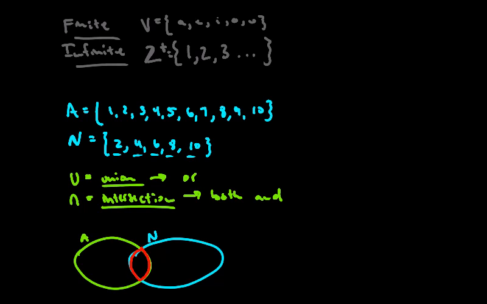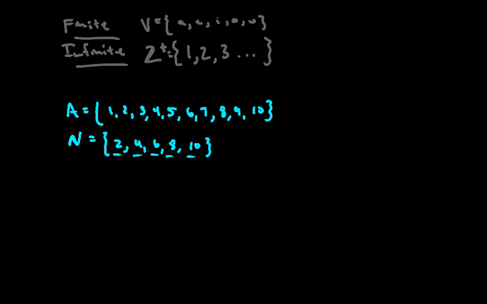These are numbers that are in both A and N. So let's go ahead and mark which numbers are in both A and N. Well, 2 is, so 2 would go in here. 4 is, 6 is, 8 is, and 10 is. I'm running out of room here, but 2, 4, 6, 8, 10. So these numbers are in both A and N.